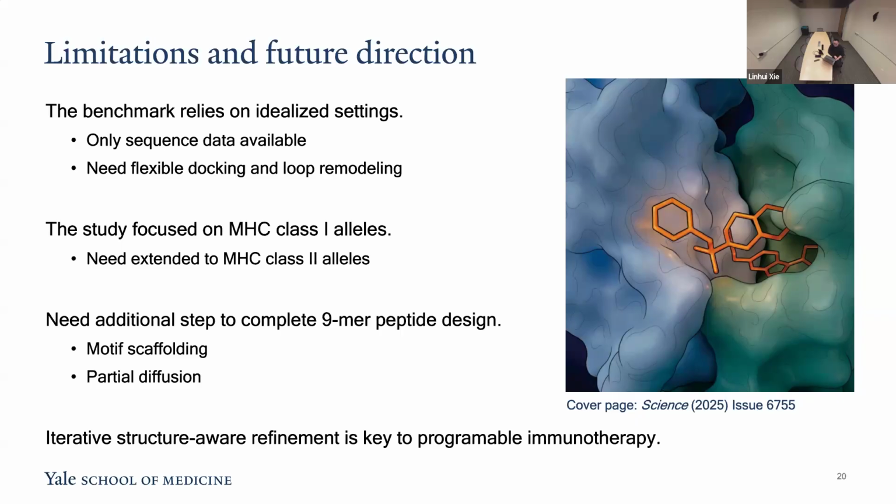So we probably need to generate the shape for these T-cell receptors, and we need to perform flexible docking to see which docking angle is the best between the T-cell receptor and MHC, so that they can recognize the peptide. This is an ongoing effort, and we're currently working on this part. And the second part is that this study mostly focused on MHC1.